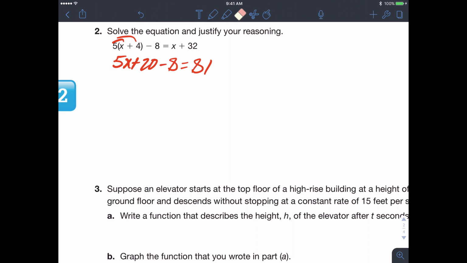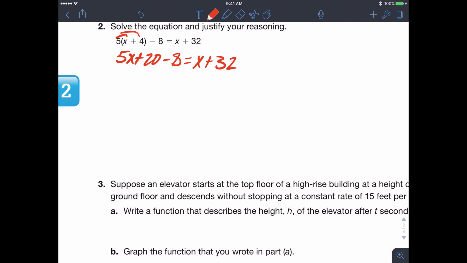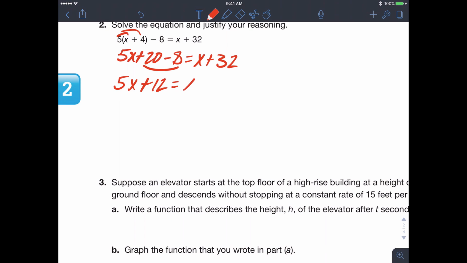Oops, you don't bring that down. x plus 32. Combine like terms. 5x, 20 minus 8 is 12. Bring everything down.